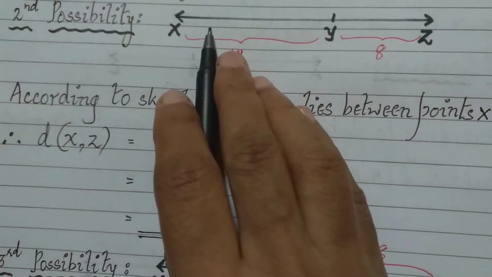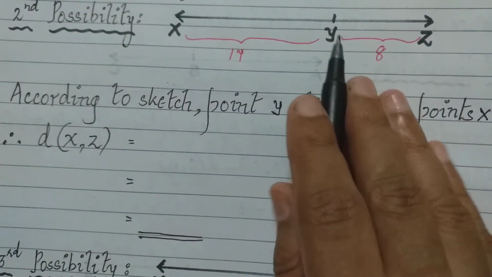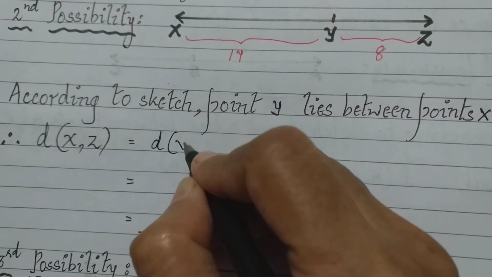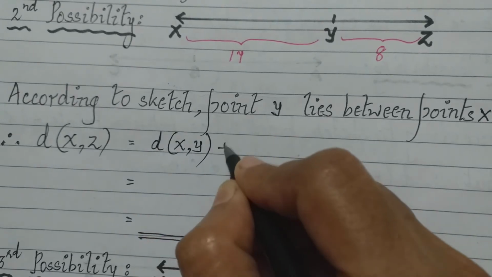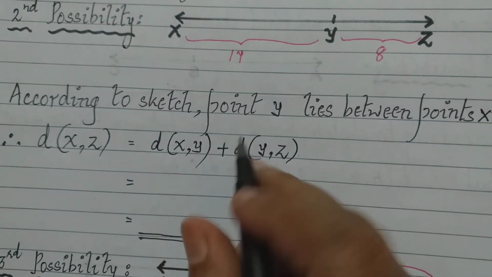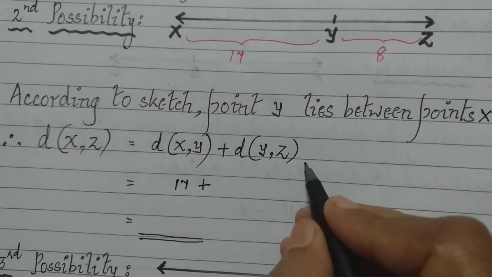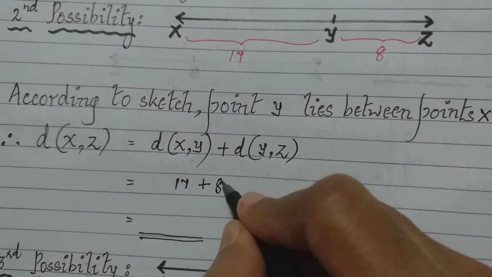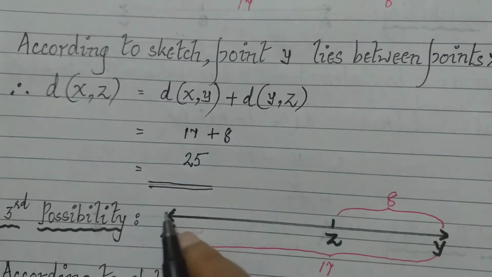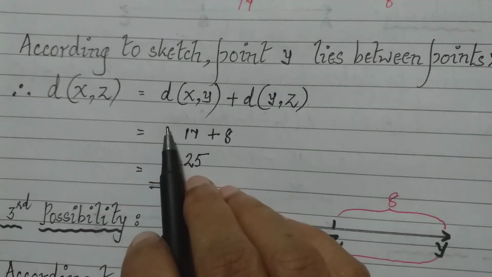So distance between the points x and z is equal to the distance between the points x and y plus the distance between the points y and z. What is the distance between the points x and y? 17. What is the distance between the points y and z? 8. If I add both of them, what do I get? 25. Therefore, distance between the points x and z is 25. Okay, that is for the second possibility.